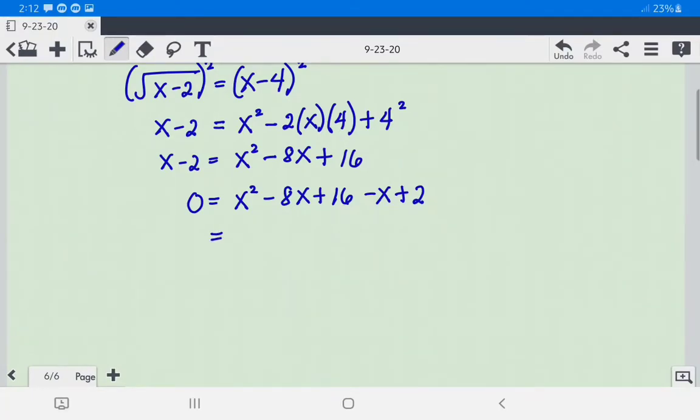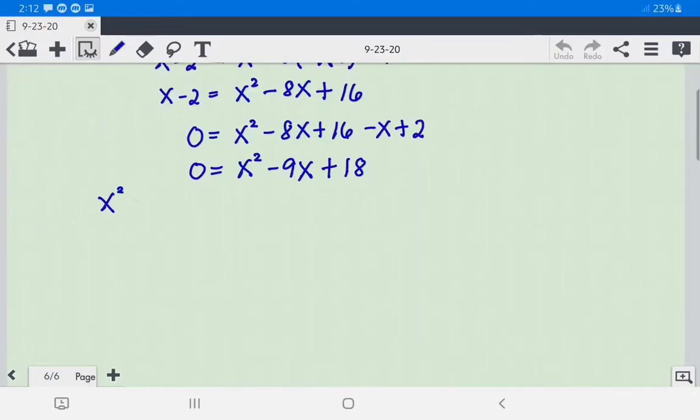Then we have x squared, negative x minus 8x, we have negative 9x. Then 16 plus 2, we have 18, equals 0. Then after that, let us write it in standard form. x squared minus 9x plus 18 equals 0.